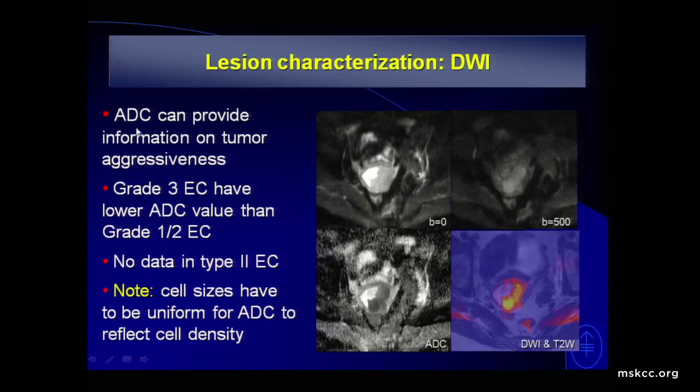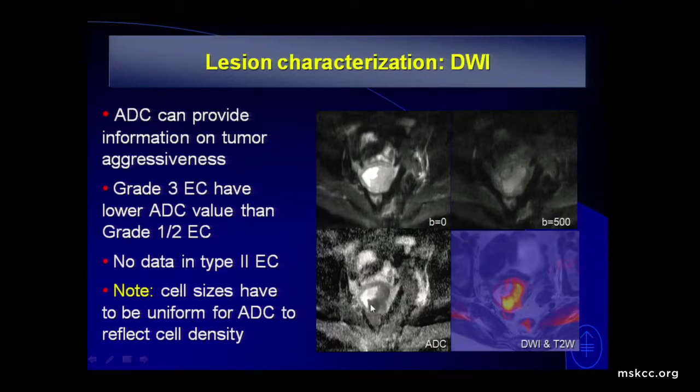What I mean by the apparent diffusion coefficient is that it's the metric, the quantitative variable, for diffusion-weighted images. These are diffusion-weighted images, which are qualitative, so you just eyeball them. But the apparent diffusion coefficient map here is quantitative.